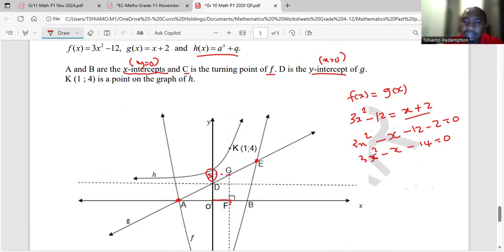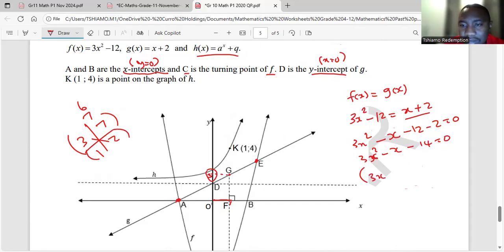So once it's in this form, we're going to factorize. I'm going to look for the factors of these two. So I find them as 3, 7 and 1, 2.